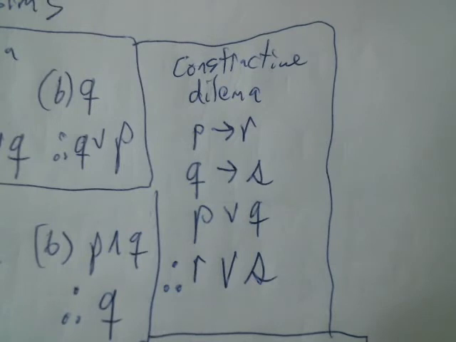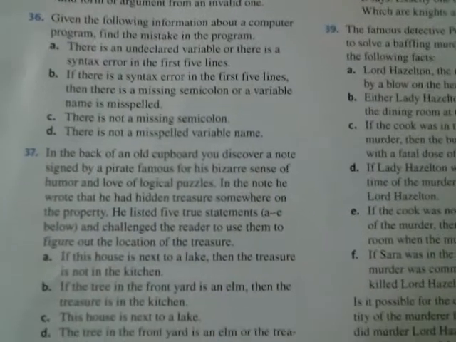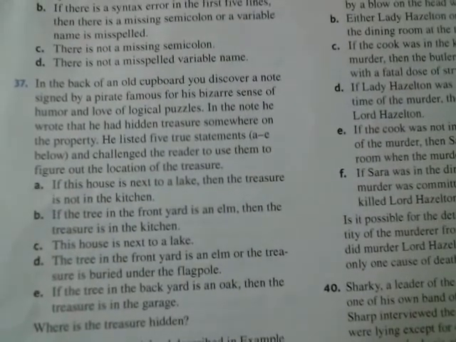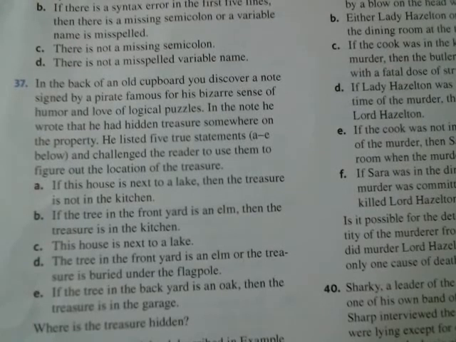Okay, so 37 on page 78. Let me take a quick look at that. In the back of an old cupboard, you discover a note signed by a pirate famous for his bizarre sense of humor and love of logic puzzles. In the note, he wrote that he had hidden a treasure somewhere on the property.